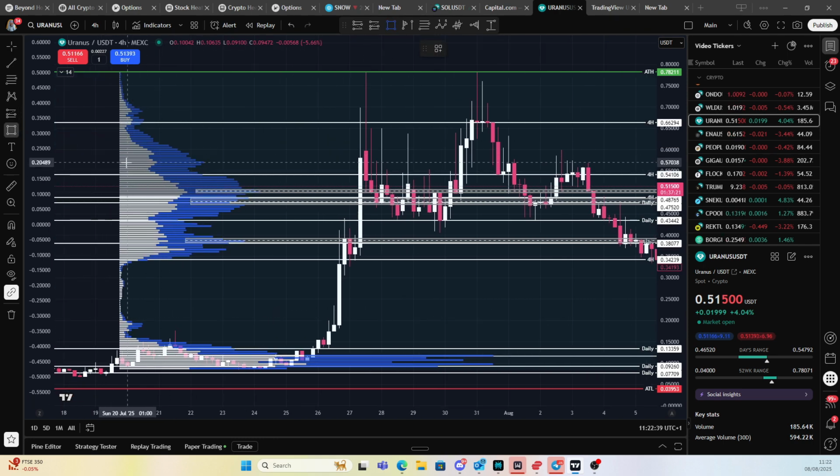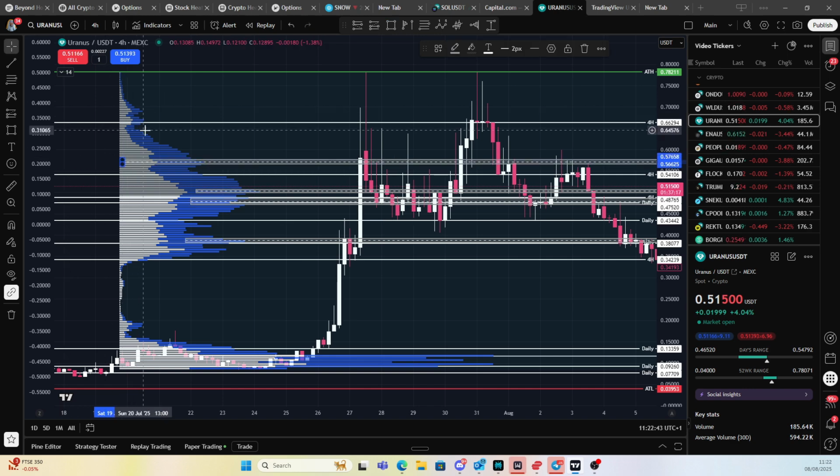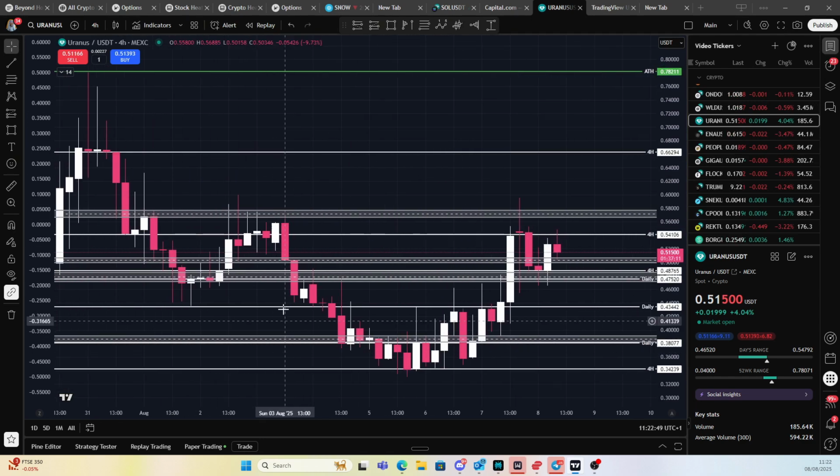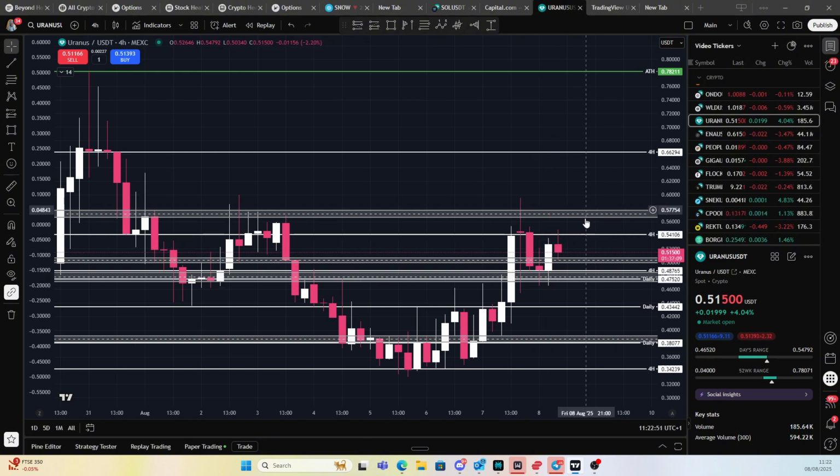So this is a bit of volume here, so we may get a reaction there, and then further up you can see volume fades away. You have this range here where there's a lot of volume, so you're likely to see a reaction here.